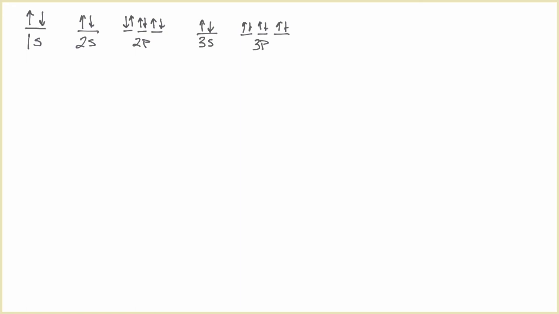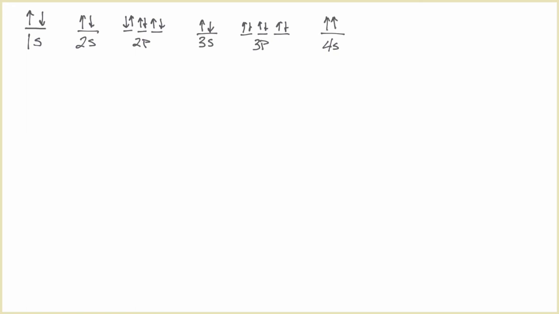What comes after 3p? 4s. Wait. Yeah, well, you're thinking 3d, right? And actually, there's two different ways of doing it. I'm going to stick with this way because the periodic table just simply makes sense. I'm going to do this.